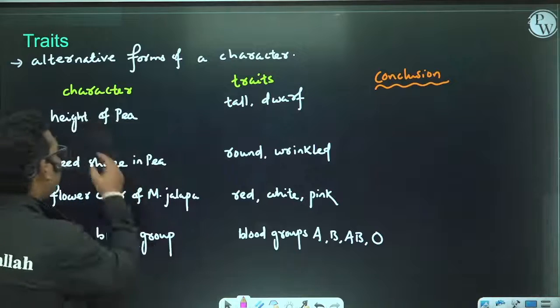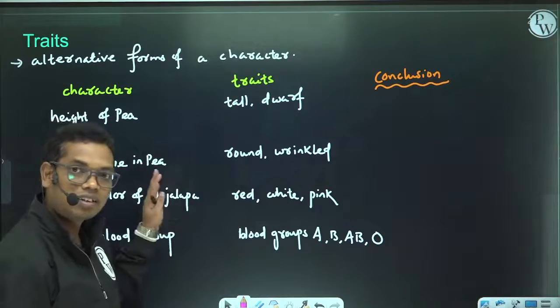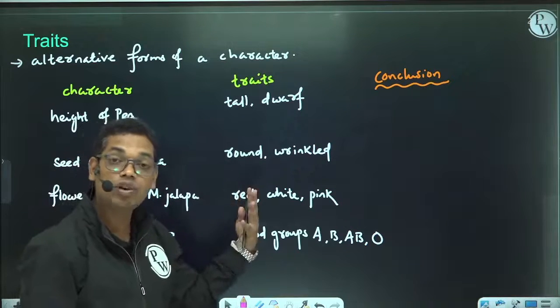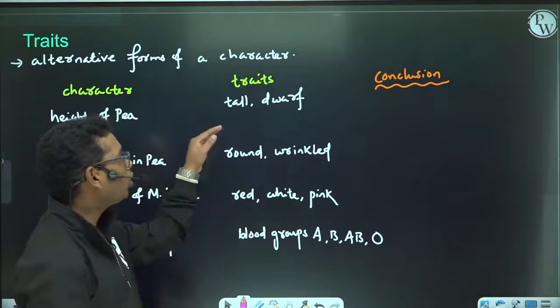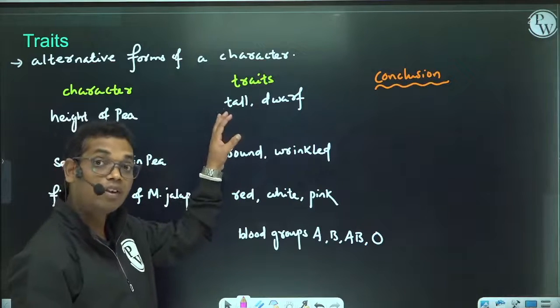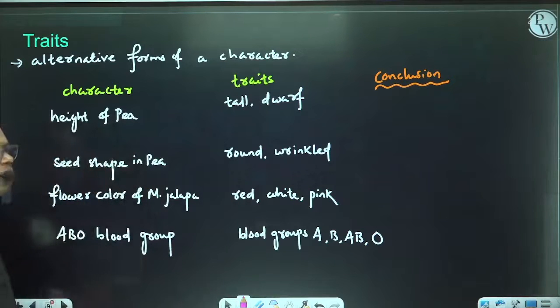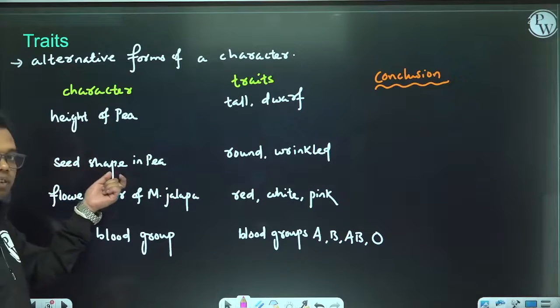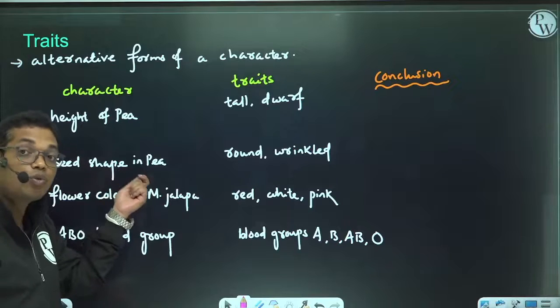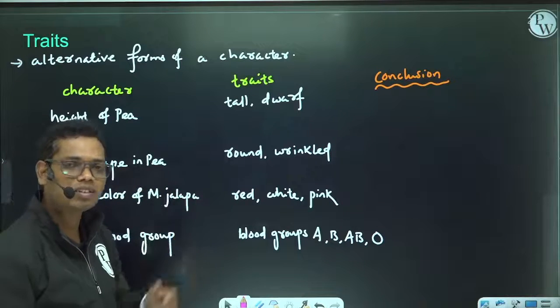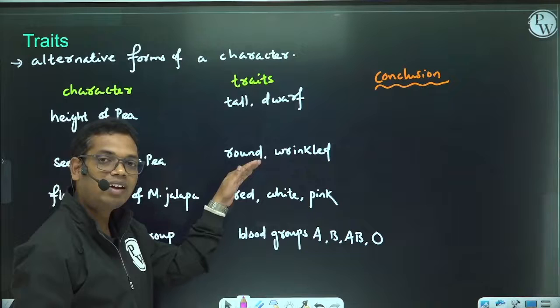So when I say height in pea plant, this is the character, and the traits or the alternative forms of this character are tall plant and dwarf plant. So tall and dwarf are the traits of which character? Of height. When I say seed shape, this is a character. So what are the alternative forms of this character? Round seed and wrinkled seed.